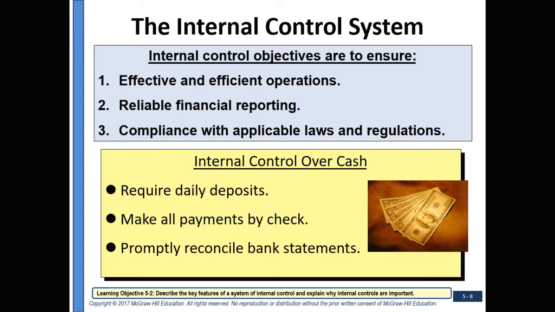So when we are paying vendors, we're not paying them cash, we're paying them with a check. It creates a source document and a paper trail. And the bank statements are reconciled promptly in order to uncover any errors, theft, or fraud that might be occurring in a short time frame, not months and months later.